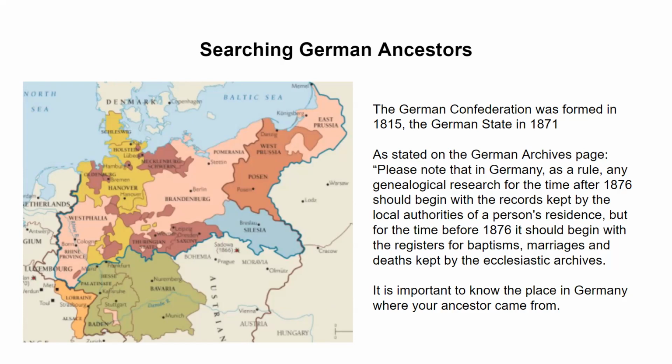And when doing research for your ancestors, anything from 1876 on, you can go to the local state or archives area, and there will usually be very detailed records about the person, if they immigrated, when they immigrated, where they came from, etc. But prior to that period, like 1876, you have to go back to parish registers, things of that nature. So once again, it comes down to the hard part of finding the place in Germany where your ancestor came from. Now, next slide, George.